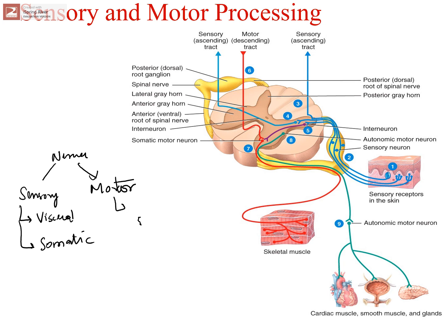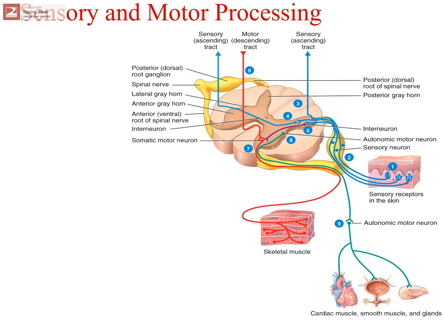And then you have autonomic motor neurons that carry information from the brain to the cardiac muscles, the smooth muscles, the glands, anything that moves due to involuntary action. And then you'll have somatic motor neurons. Somatic motor neurons will carry messages from the brain to the skeletal muscle. Okay.